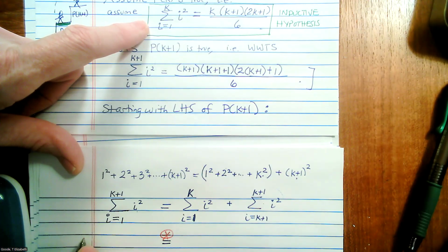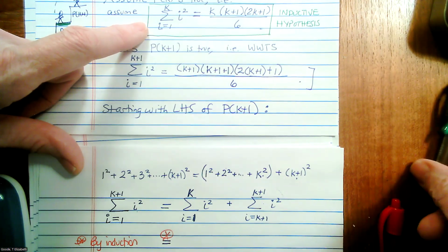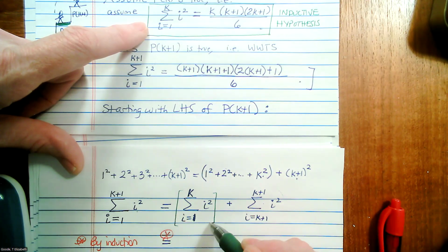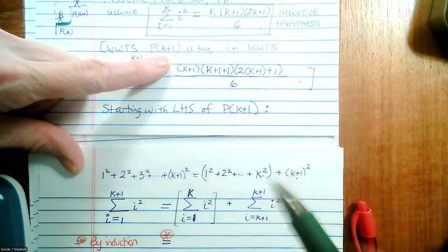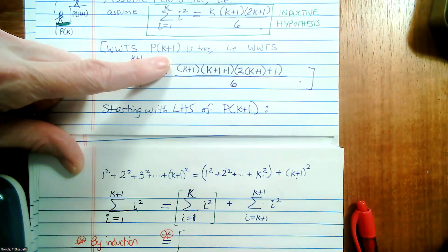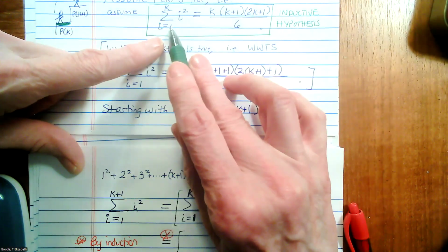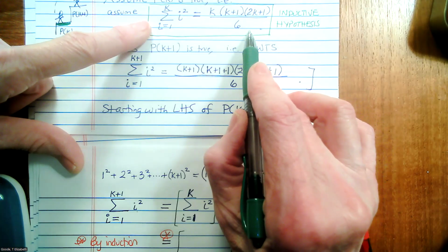By the inductive hypothesis or by induction, however you want to say it, it needs to be said to get full credit that right here, we are taking the left-hand side of P of K and substituting in the right-hand side of P of K because we have assumed that the left-hand side and the right-hand side of P of K are actually equal.